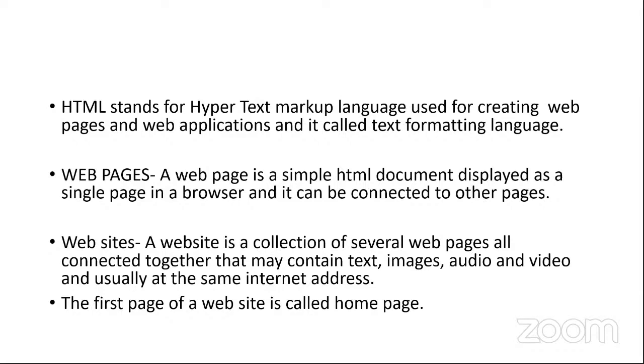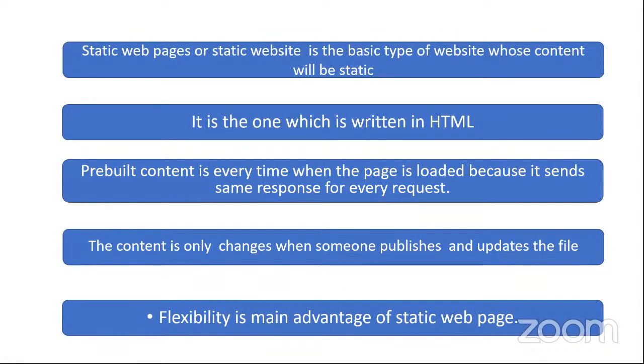We have already gone through it, so again, this is a kind of intro part of HTML. HTML can be used for developing static web pages and static websites. It's a basic type of website whose content doesn't change, so it will be static.